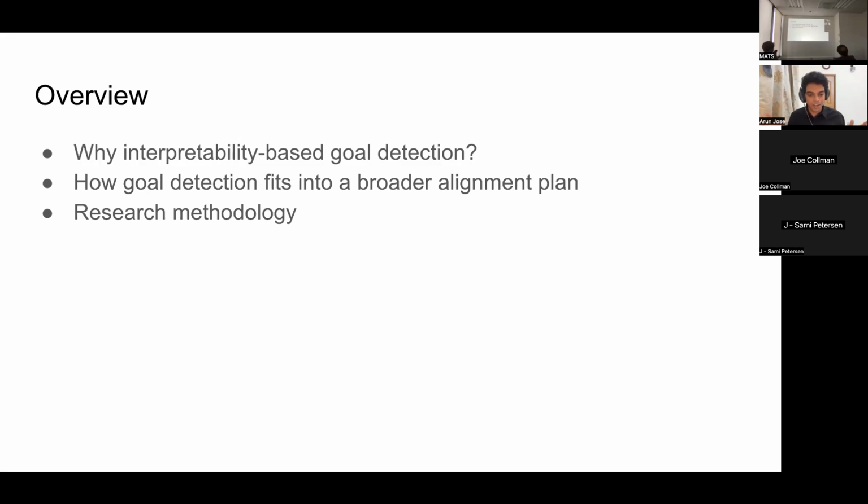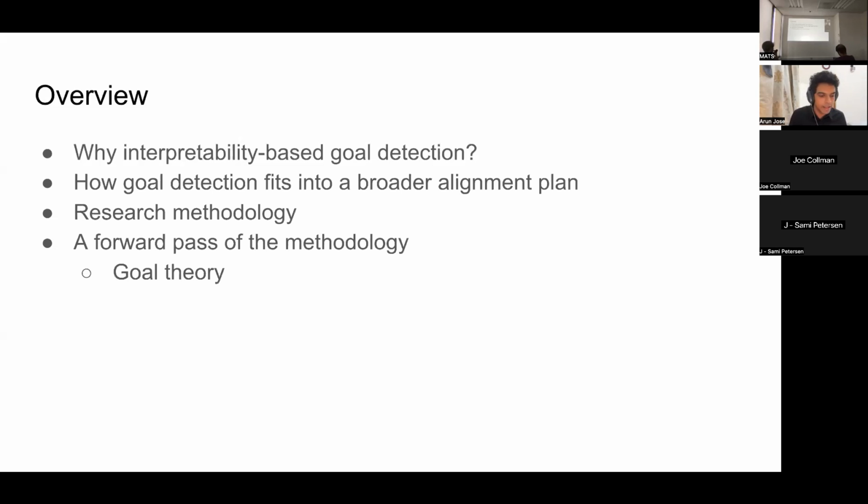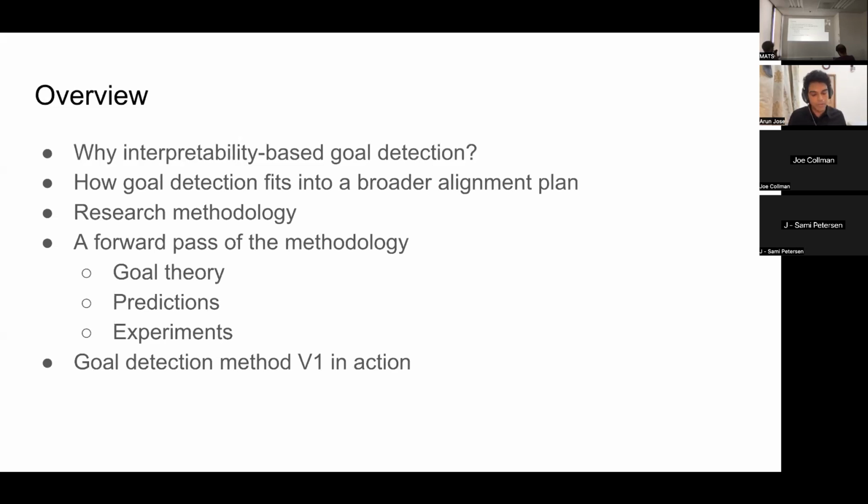As you go through the talk, I'm guessing at least some of you will have the question, this all sounds good, but how the hell do you actually do any of this? So we'll talk about what one iteration of our methodology looks like, and at the end we'll talk about a specific iteration that we just went through, and some experiments and results we got from that. That's what Paul will cover. I'll cover the first section, and he'll cover everything we did recently in terms of experiments. And then we'll have a Q&A at the end.